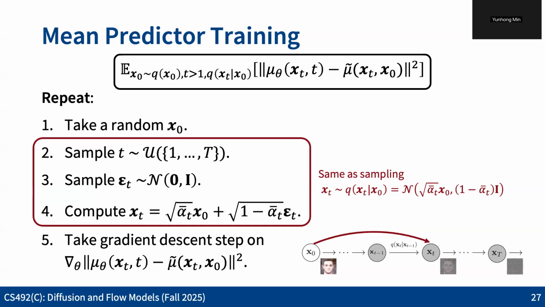The only thing that we need to learn is the mean of the distribution. And learning the mean becomes so simple: sampling x0, the time t, and xt, computing this mean, getting the prediction of the mean predictor, and minimizing the L2 loss with backpropagation. That's the interesting point of diffusion models: everything is quite clear.